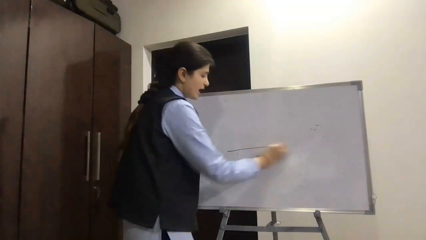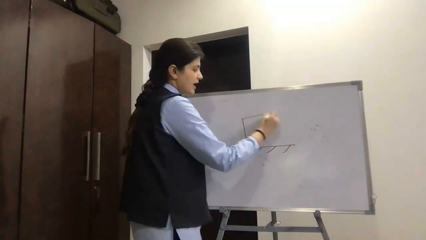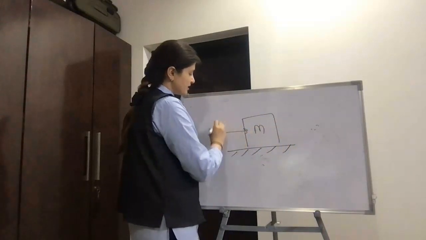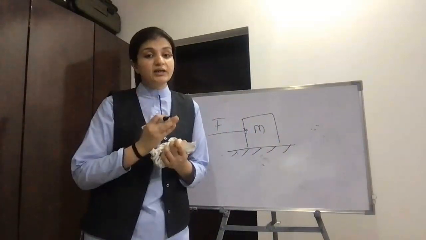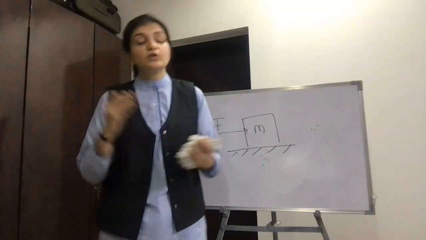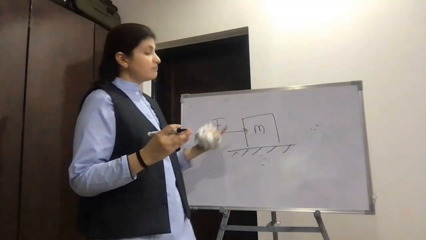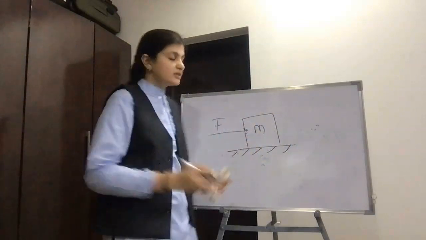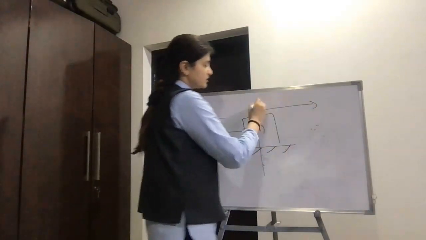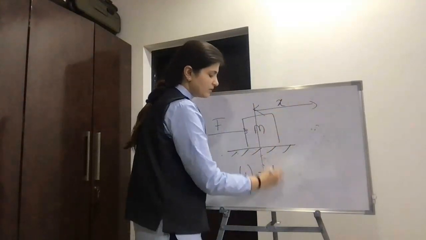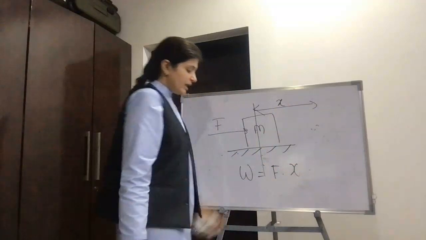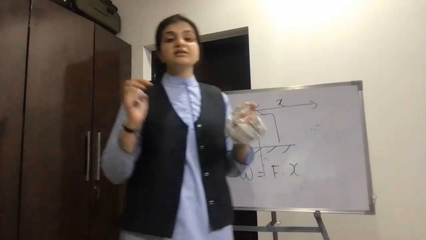If I have an object of mass m and a force of constant nature is applied, constant nature means its magnitude remains the same with respect to the displacement it has caused. Now if the object is displaced by a distance x, the total work done will be equal to force into x. This is the total work done by a constant force.